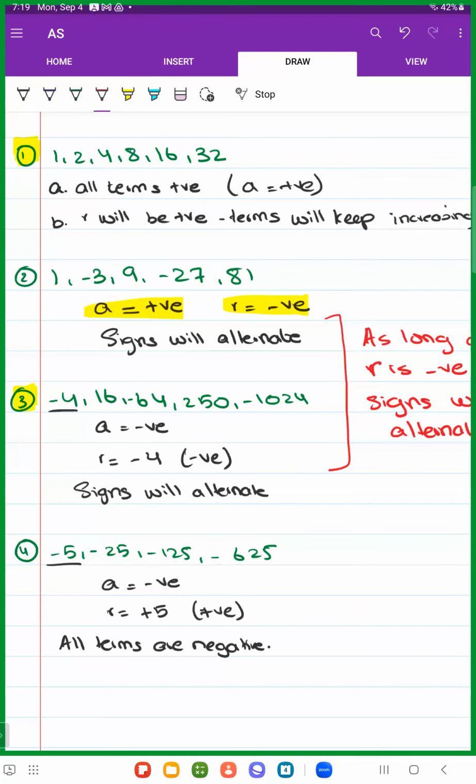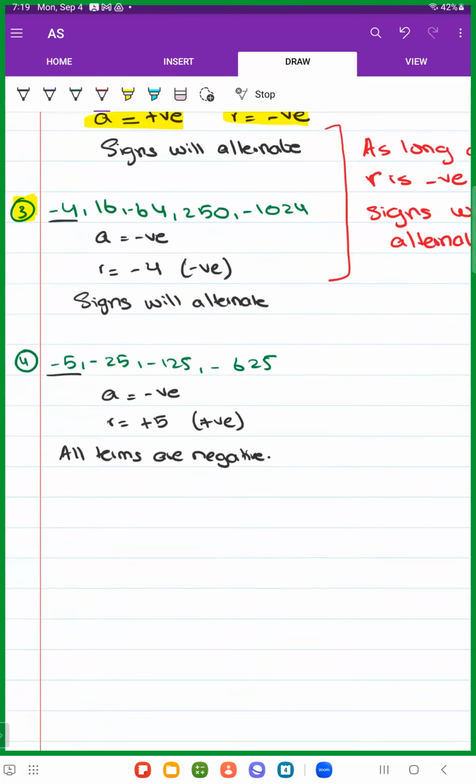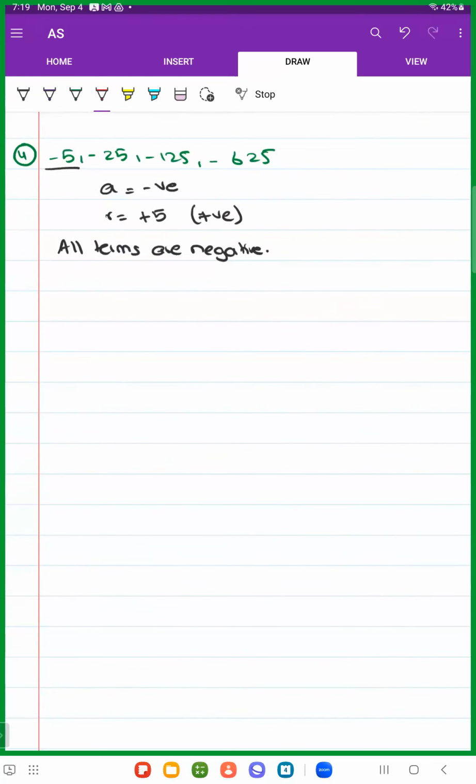Okay. Now there is one other thing I need you to know for this chapter. I need you to know indices. Do you know the rules of indices?